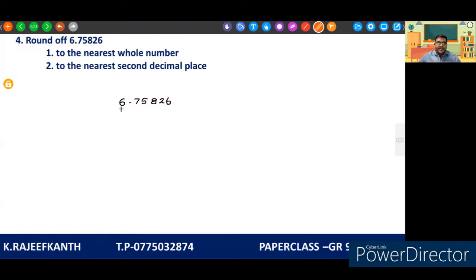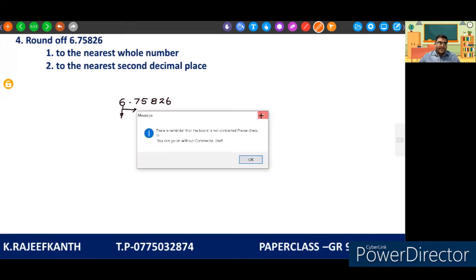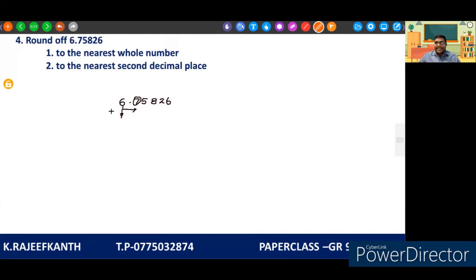So here we have to stay at the place value ones. Then we have to check the next digit of that number. Here this is 7. So this is greater than 5, right? So if it is greater than 5, then we have to add 1. Then this will be 7. So if you round to the nearest whole number, then that will be 7.